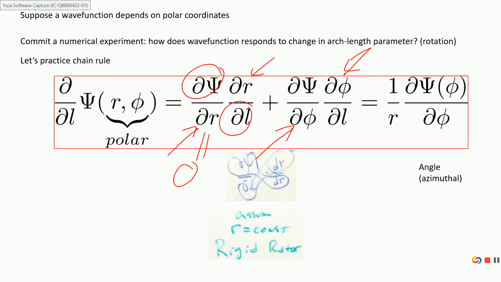So suppose that the distance doesn't change, then the derivative of psi over distance increments will be 0. Then we will have only this term. And then the derivative over arc length will be equal to the derivative over angle with this metric coefficient, 1 over r.